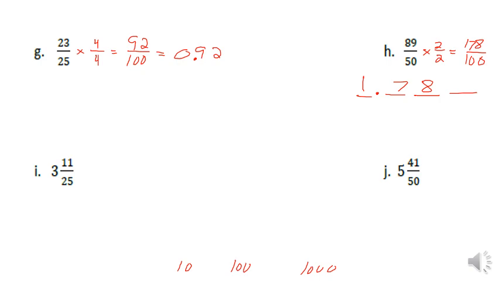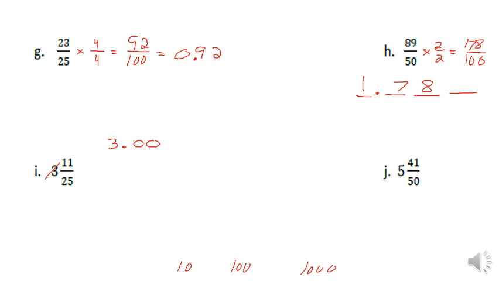On 3. Now here they have a mixed number, and it starts to confuse some students. But our ultimate goal is to write this as a decimal. So in order to write 3 as a decimal, I'm going to write it as 300. My whole number is done now.